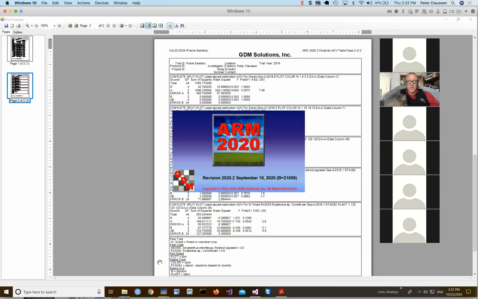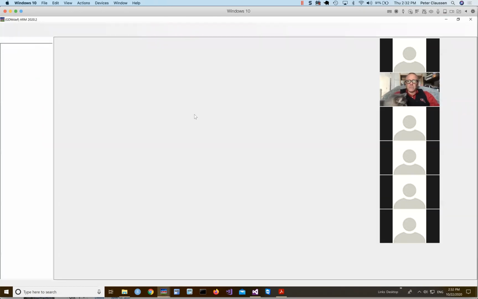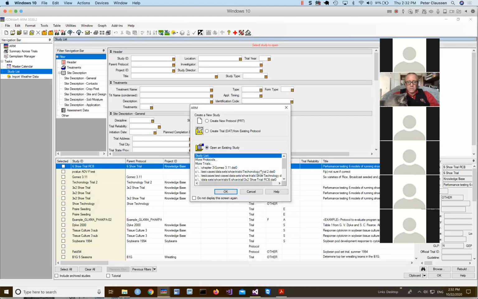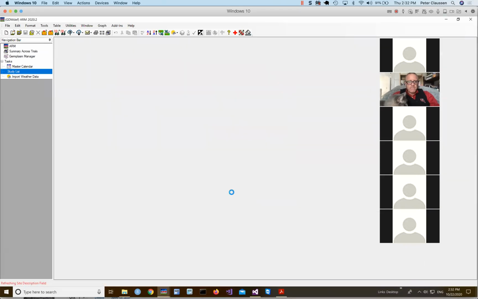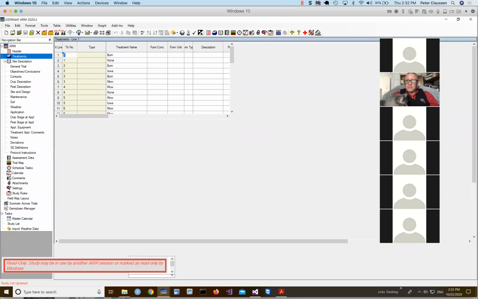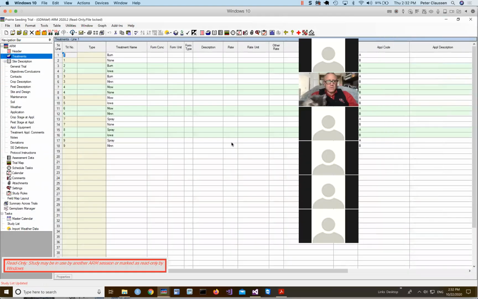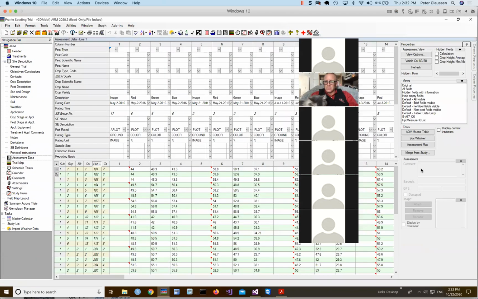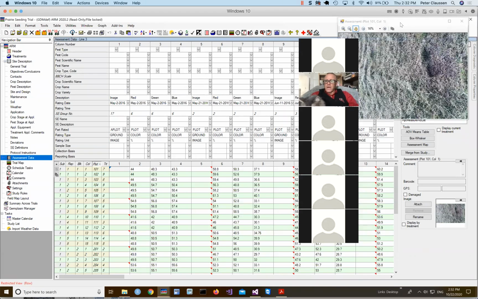When I set up the trial, I took pictures of the whole plot. So I had 15 pictures. Let's go over the assessment data. If I click on plot number 101, I don't have images associated with 102 and 103, because that's the image associated with that whole plot.